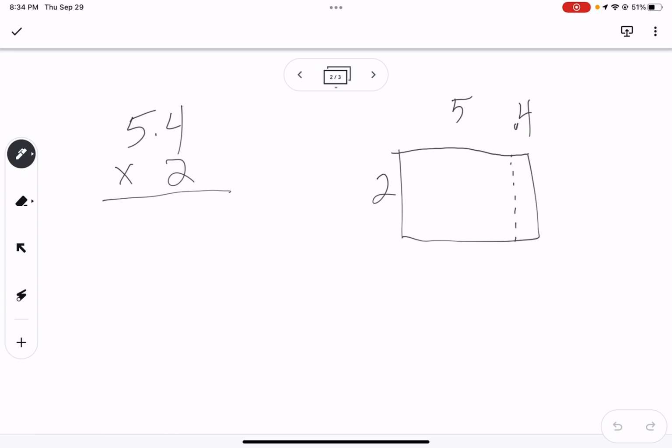So with partial products, instead of having to break up the place values and carry, you're just going to put the answer at the bottom and add it all up at the end, okay? So when I start off using the 2 here to multiply piece by piece, I don't have to break it up and carry anything.